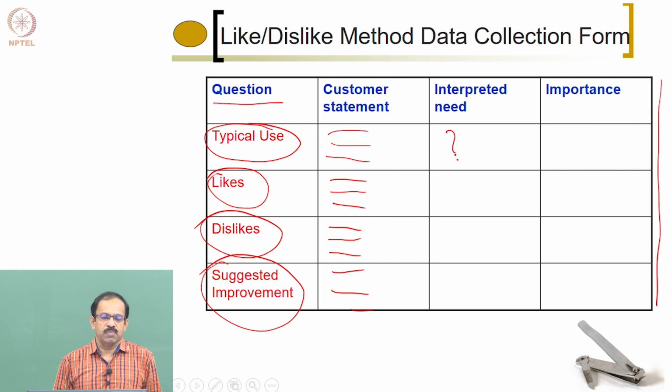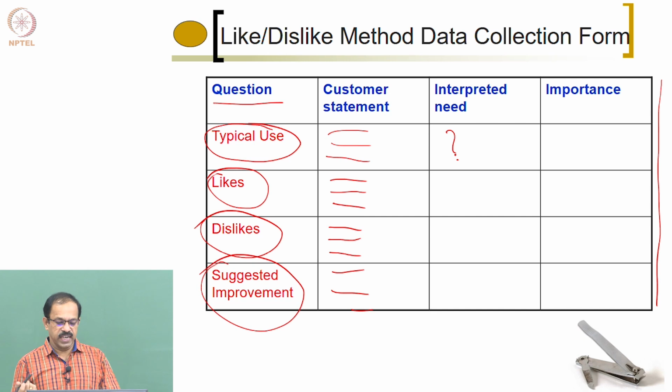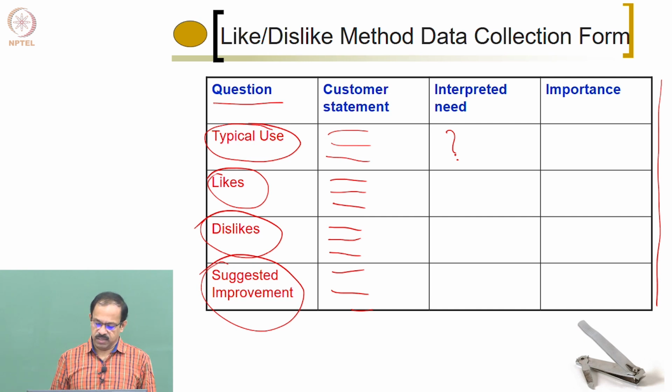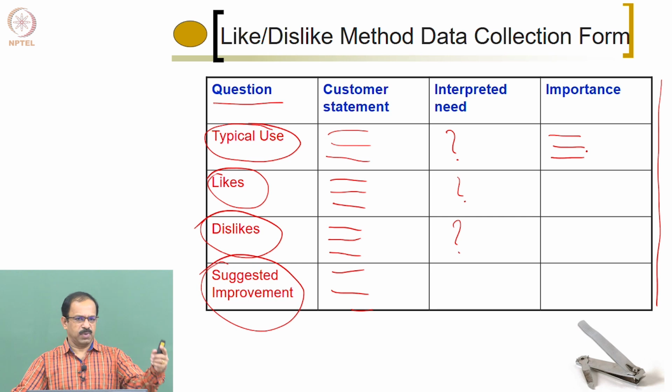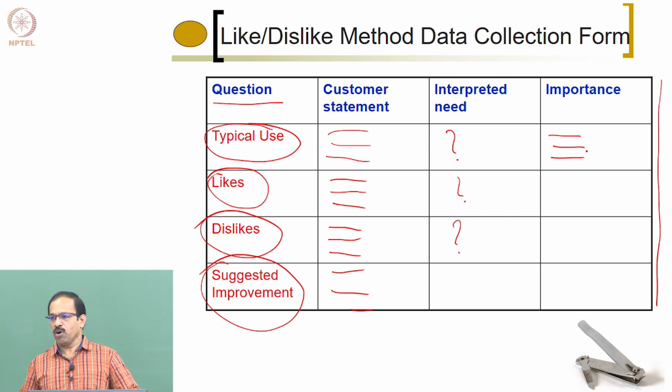When the customer says easy to use, or says I like it is very lightweight, you need to understand what the customer actually needs in that particular application situation. That is how you interpret the need, and then give the importance. The customer will tell whether it is very important or not important, or as a designer you can decide which one is most important according to the customer, because this is an interview.